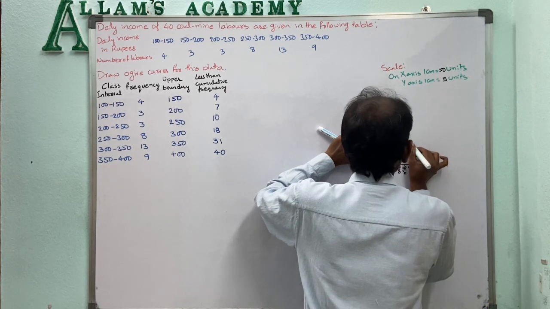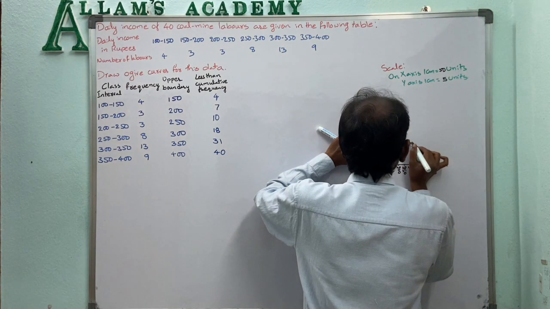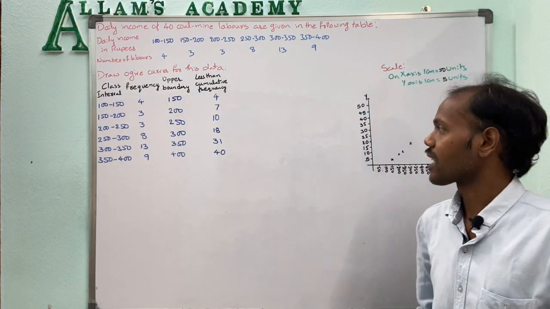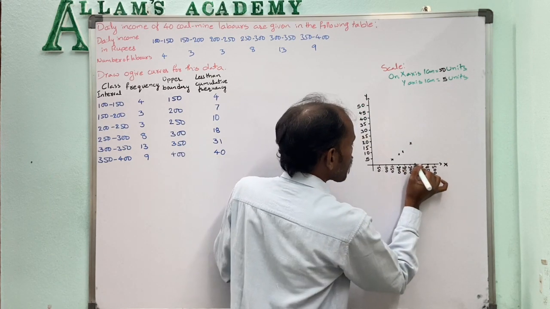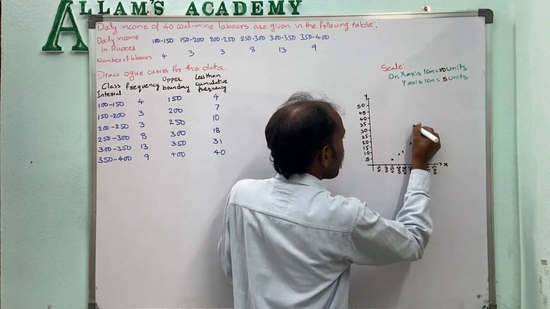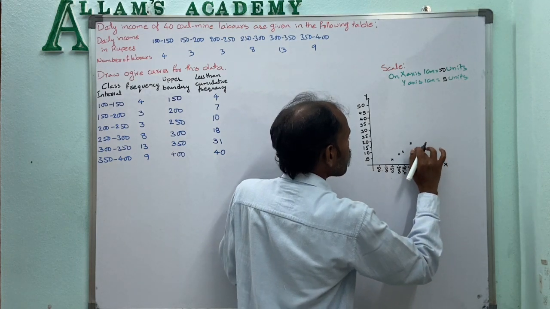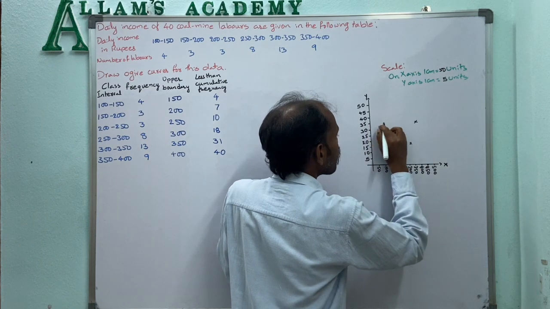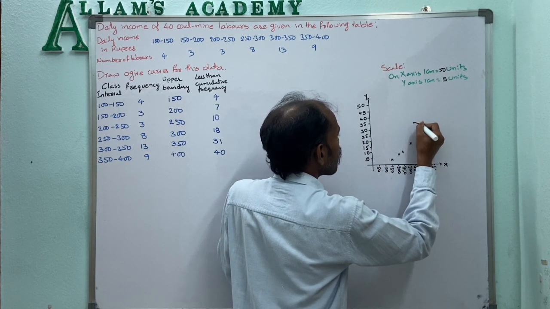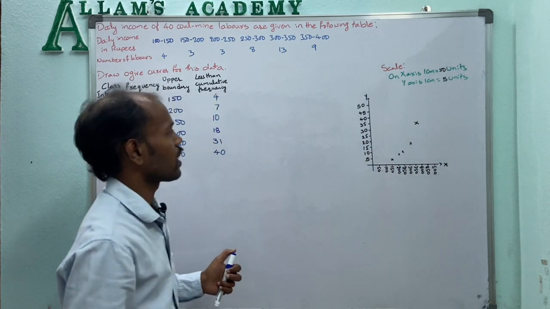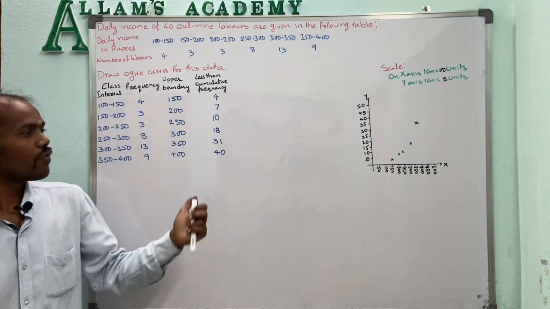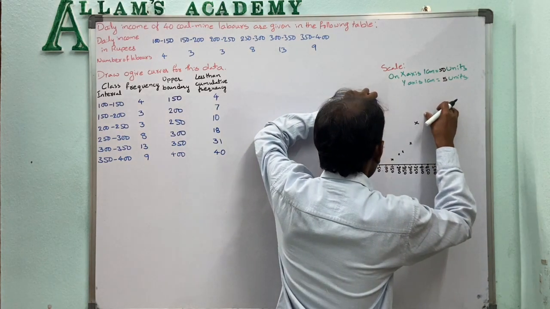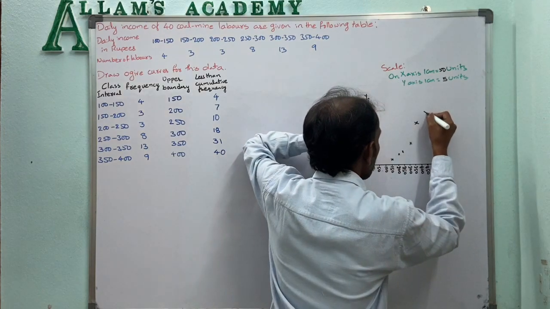Next, for 350, 31 is the corresponding ordinate. For 400, 40 is the corresponding ordinate.